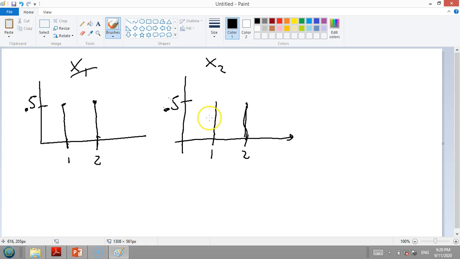So this is called independent. In this case, they're independent and identically distributed, because the distribution is 0.5 on 1 and 2 for both. Whatever happens to one of them is not going to affect what happens to the other. So they're called independent random variables.